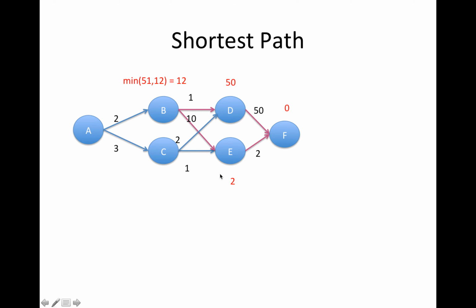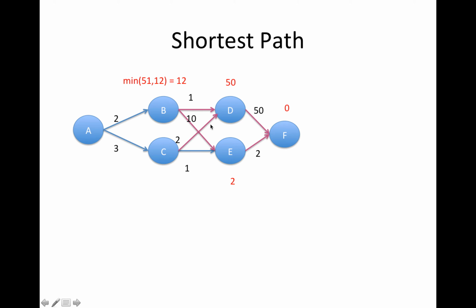So the best cost to go from B to F is 1 plus the best way to go from D to F, or 10 plus the best way to go from E to F. And obviously 12 is cheaper than 50. So irrespective of how you would get to B, we know for a fact that the best cost from B to F is 12.